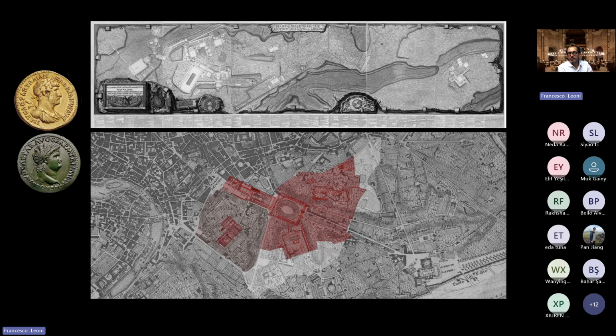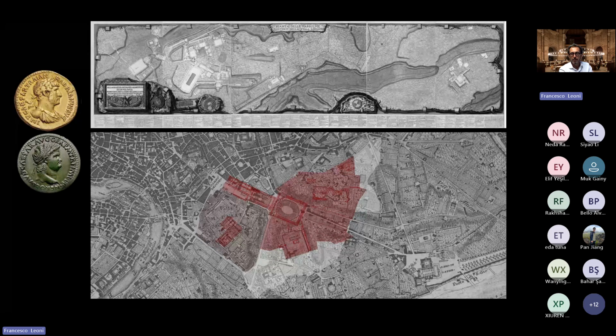In fact, you can see two maps and two coins. On the upper part of the slide, you can see the coin of Hadrian, the emperor that led Villa Adriana to be built. Villa Adriana is the place where you're going to spend a couple of weeks during the Premio Piranesi.